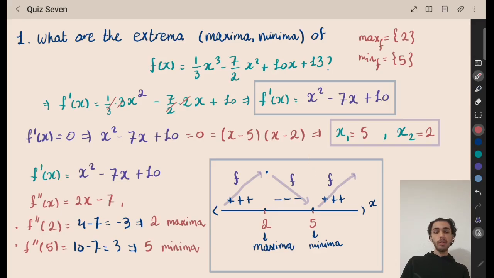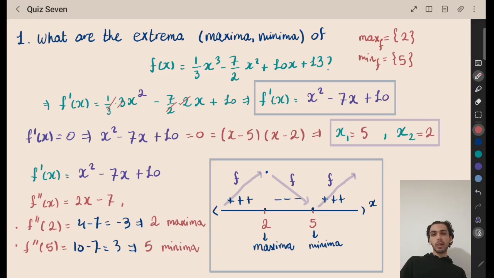This way is nice because you can link the behavior of the first derivative to the maximas and minimas without having to reach out to the second derivative. Sometimes the second derivative is difficult to compute, and so in that case you would like to use this method.